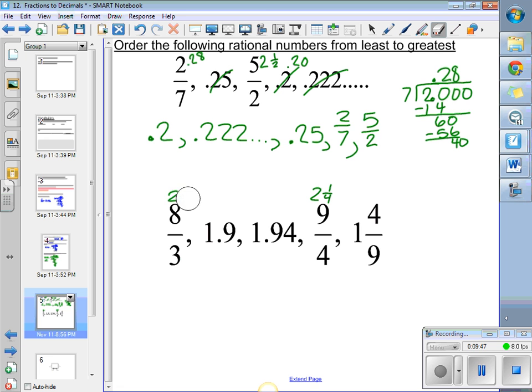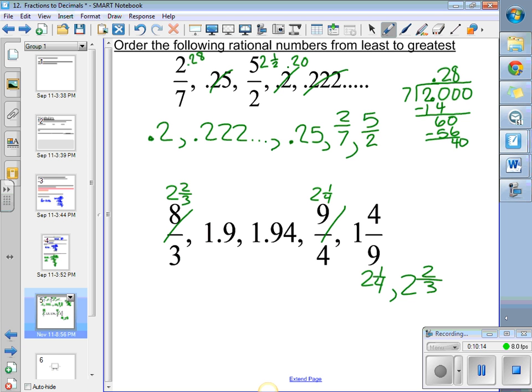And this is going to be 2 2/3. So, okay. So we know those two are last. 2 2/3 is more than 2 1/4, right? Okay, so we've got those two last.